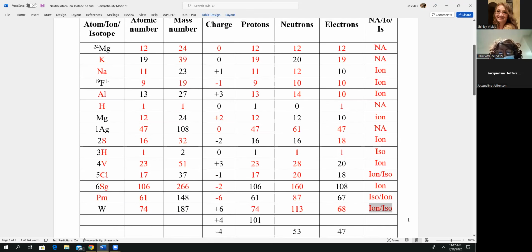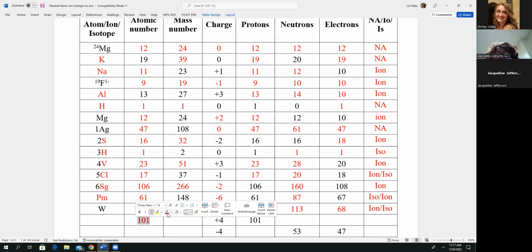All right, so once again, let's look at what we know. We know that our atomic number is the same as your number of protons. So this is 101, right? And who is element 101?